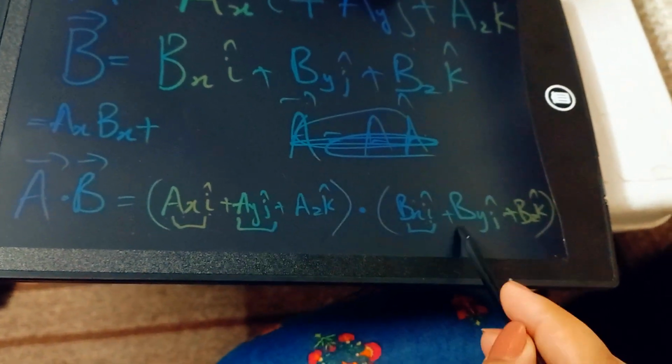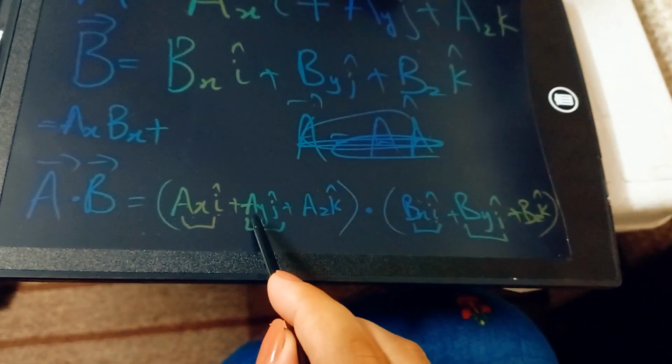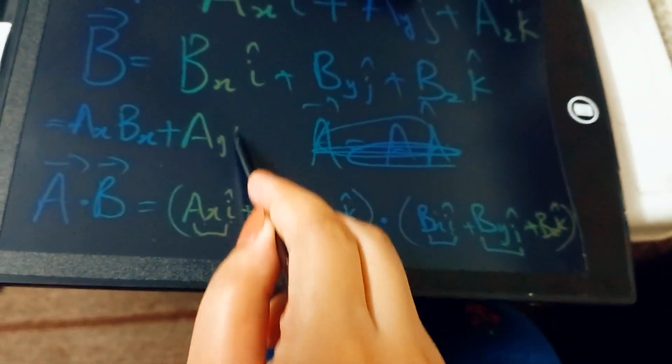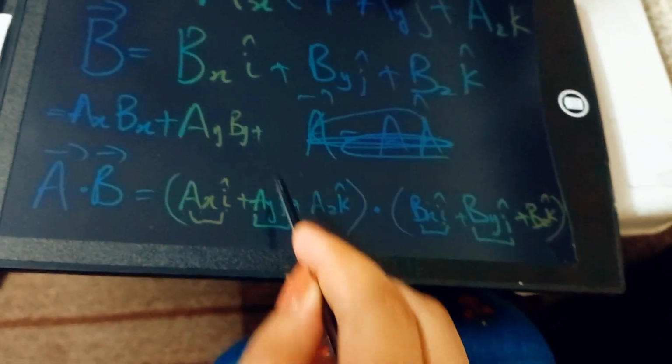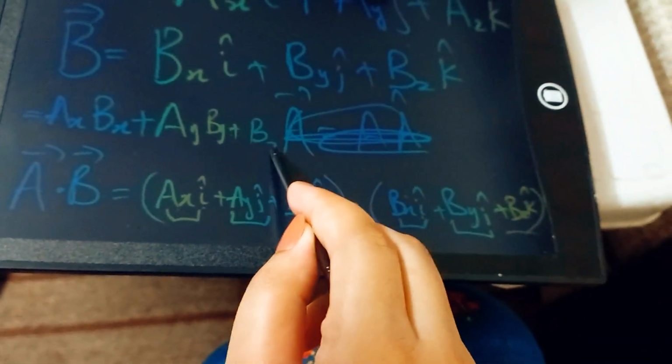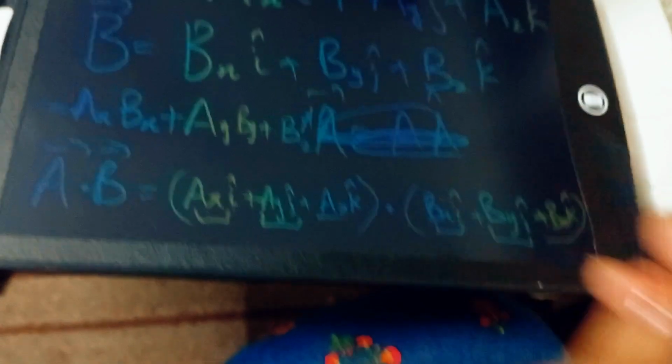Then j hat magnitudes are multiplied with each other, which is ay here and by here, so it's ay by, plus az bz. So this is the final product.